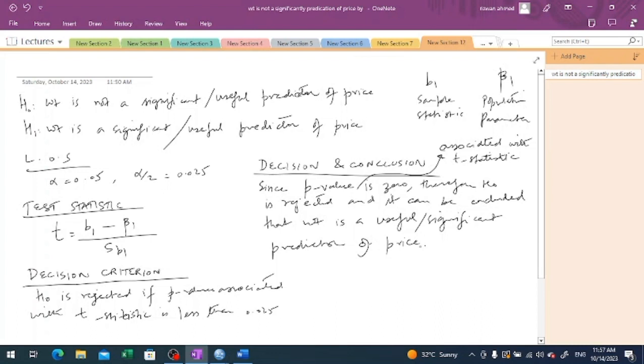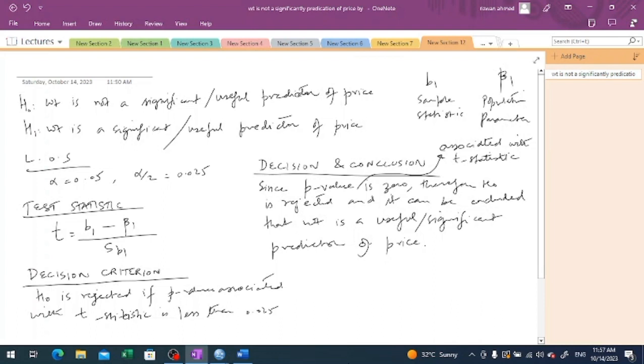If you can take notice of the t value, the sign of the t value is positive, so we can further add more words to it because rejection with a positive t value is indicating rejection in the right tail, and rejection in the right tail indicates that there is a significant positive relationship between weight and price.